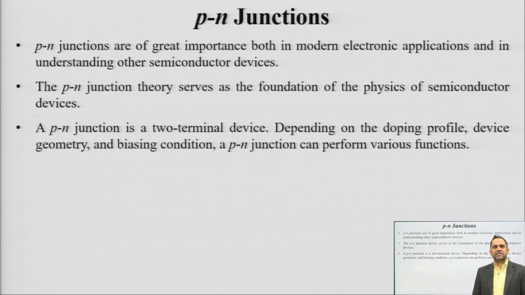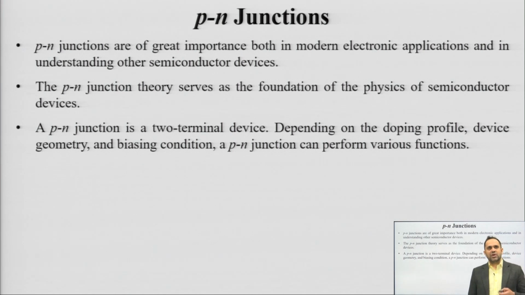The way the devices are fabricated, they are bound to have one or multiple p-n junctions at different locations. So, we must know all the analysis and all the electrostatics associated with these kinds of junctions, because these electrostatics are going to form the basis for analyzing major semiconductor devices to follow.